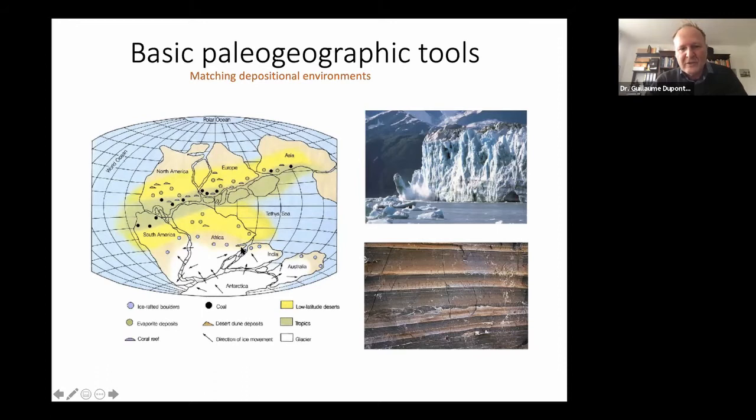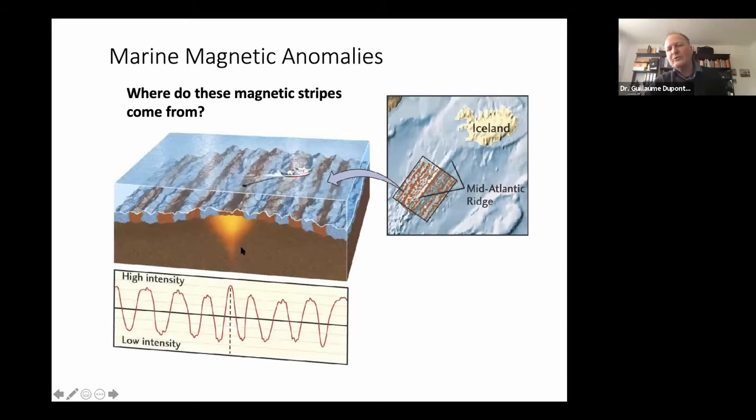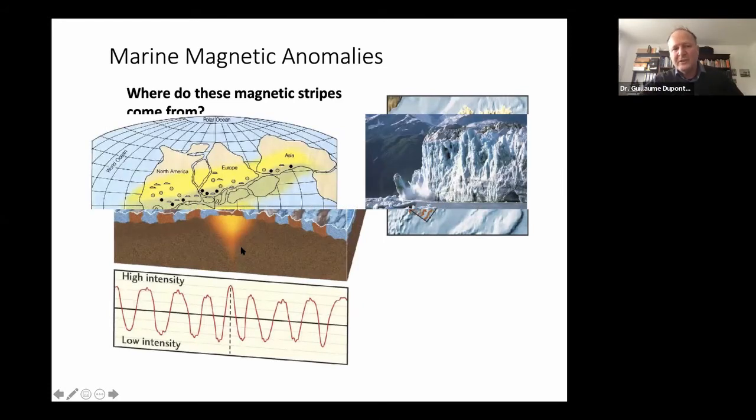And so one revolution, and that really is the way we proved the plate tectonic theory, came from marine magnetic anomalies. These are anomalies that were observed by towing a magnetometer behind a ship in the 50s and 60s.